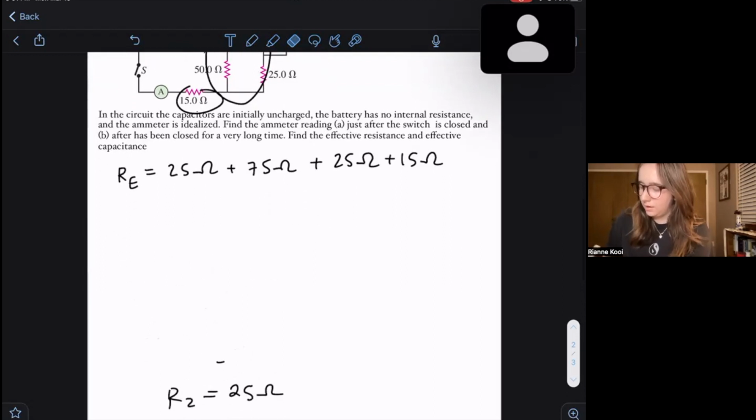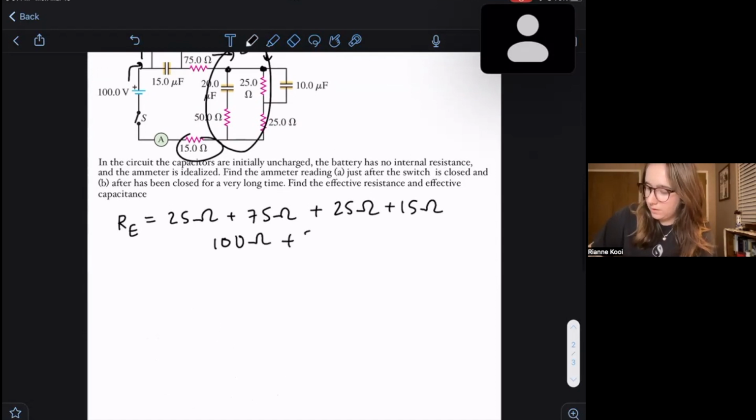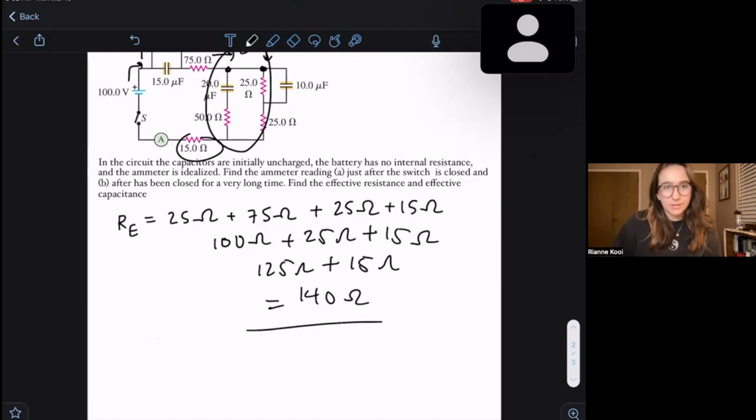Let's add that all up. We have 100 ohms plus 25 ohms plus 15 ohms. So 125 plus 15 equals 140 ohms, and that's our effective resistance.